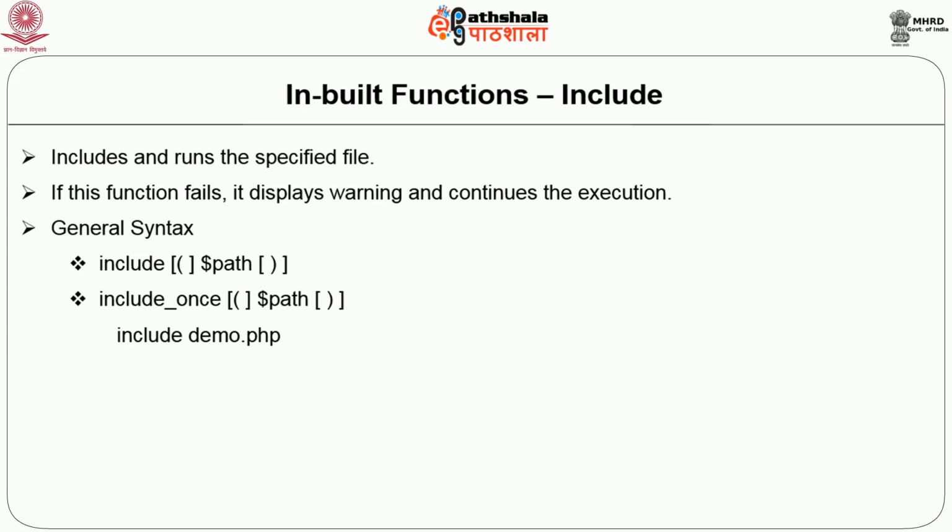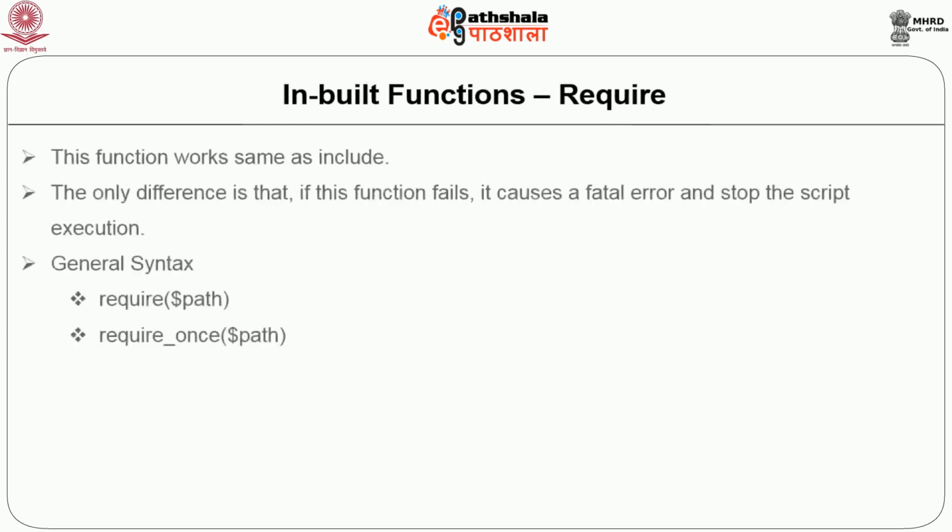The difference is that if include fails, it displays a warning but continues the execution. The general syntax is include, and optionally you can provide a path. If you provide a path, it must be written in parentheses. In the same way you can write include_once, and similarly require.